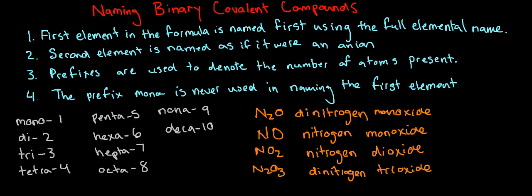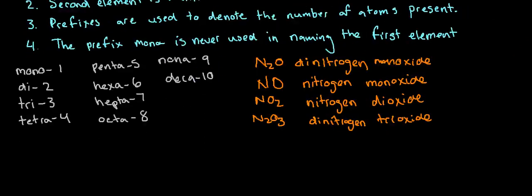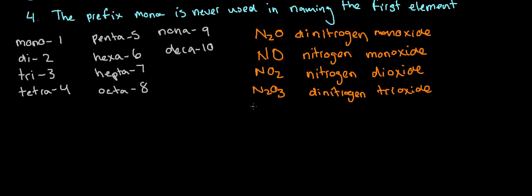Let me just pick some other ones at random. We'll do, I don't know, phosphorus and chlorine. The first element is phosphorus.